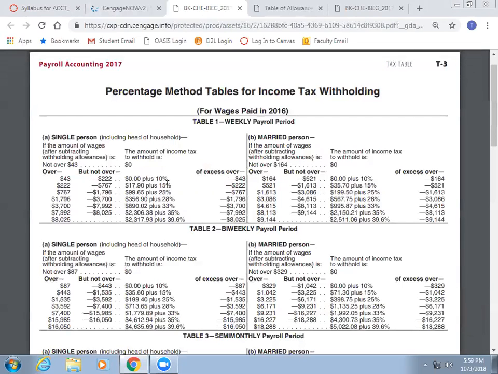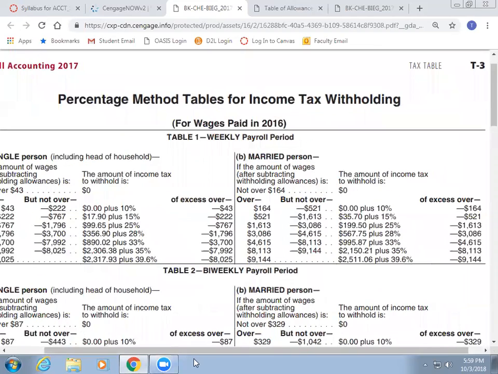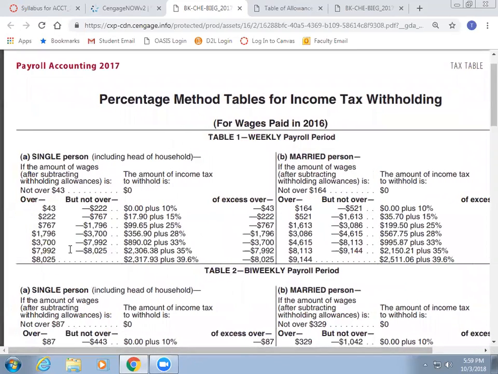Here again, we're dealing with a single employee that is paid weekly. And so I'm going to look in this top table, table 1 for weekly payroll, and I'm going to look on the left because they are a single person. And then I need to find where their amount kind of falls. So we have 519.20, and this person falls in that second line.